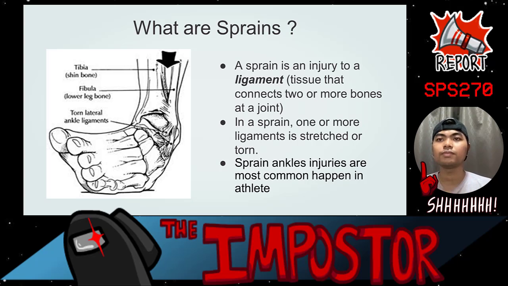The symptoms of a sprain are pain, swelling, and having a problem moving or using the injured area. The most common sprain in athletes is ankle sprain.